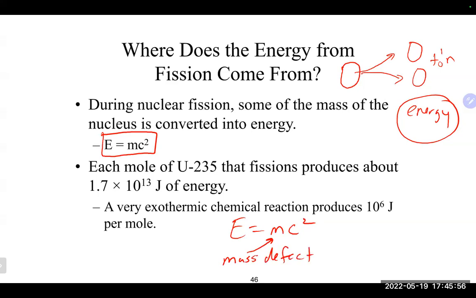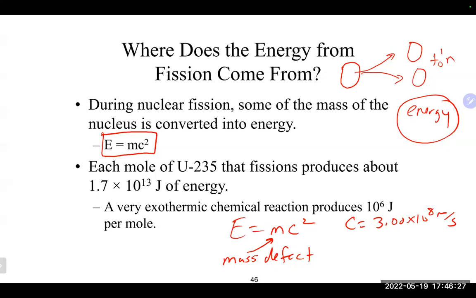The mass defect is basically the difference between the mass that makes up the nucleus, so that's your protons and your neutrons, and the mass of the isotope itself. So there's a slight mass difference that gets converted into energy during this process. Obviously, c is our speed of light, which is 3 × 10⁸ meters per second. So this is one way that we could calculate what is referred to as binding energy, as we'll see in just a second.